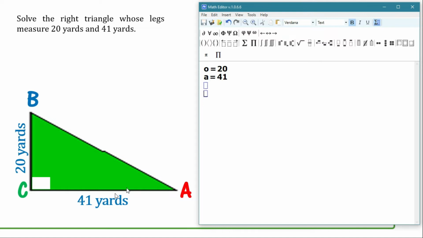Opposite and adjacent, so that's going to be the tangent function. So, the tangent of A would be equivalent to opposite over adjacent.